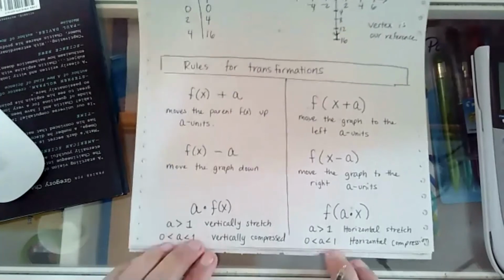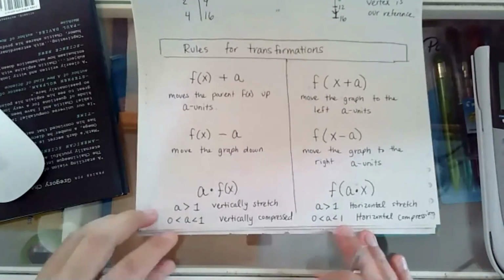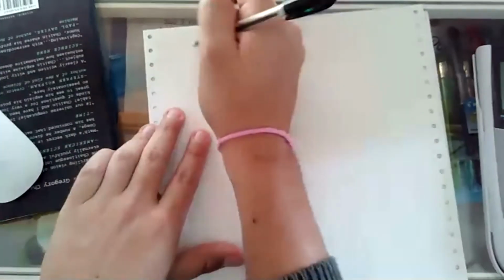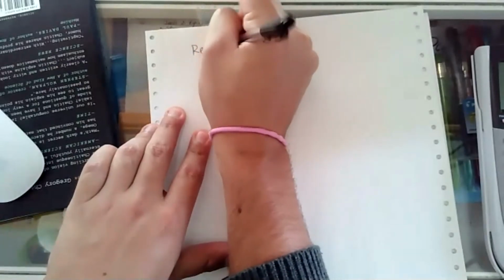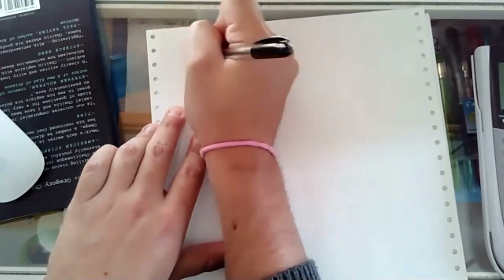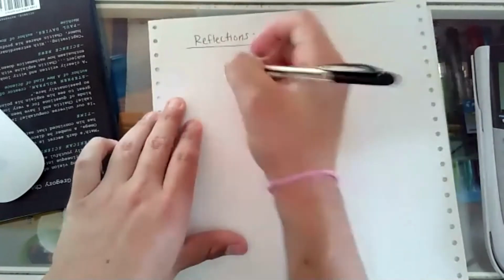A couple of other rules that are going to be important are going to be reflections. So let me give you an example.